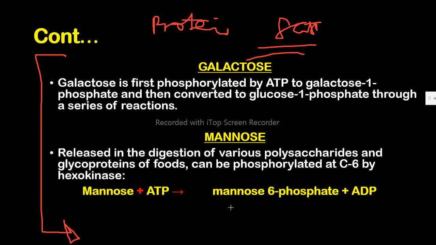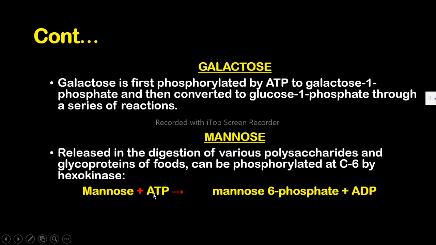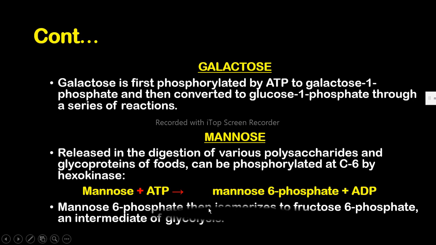It doesn't involve a lot of steps, and it's as simple. So I want you to have a look at this. Then mannose 6 phosphate isomerizes to form fructose 6 phosphate, and then the fructose 6 phosphate is phosphorylated to form fructose 1,6 diphosphate, and then the cycle continues.